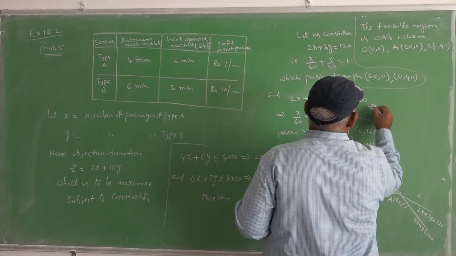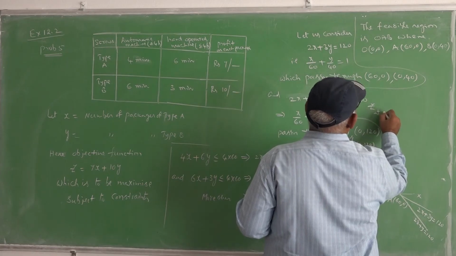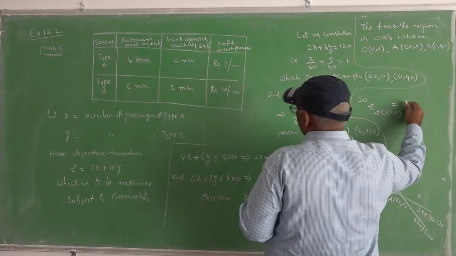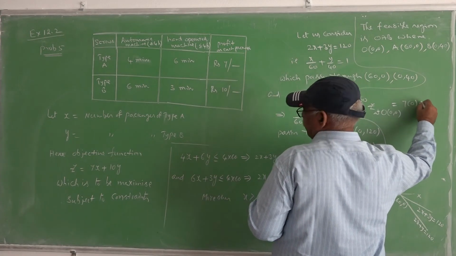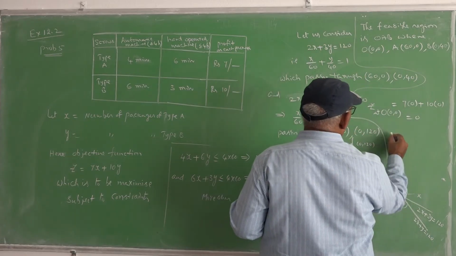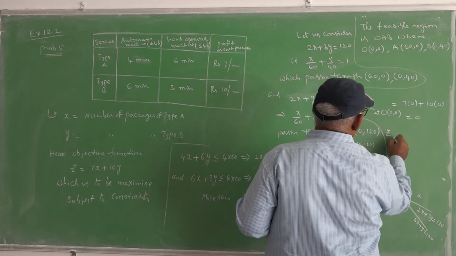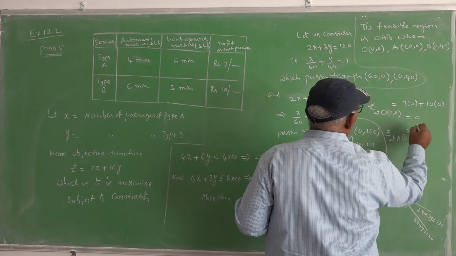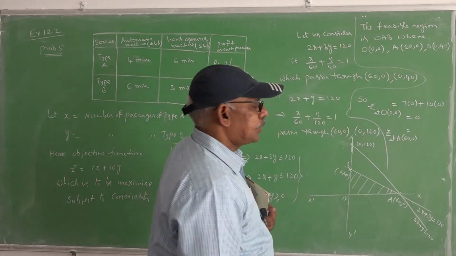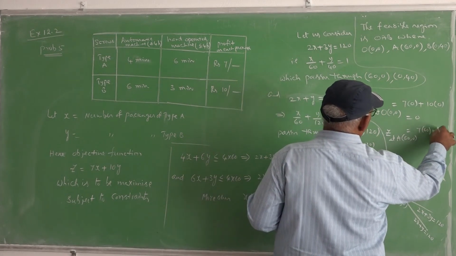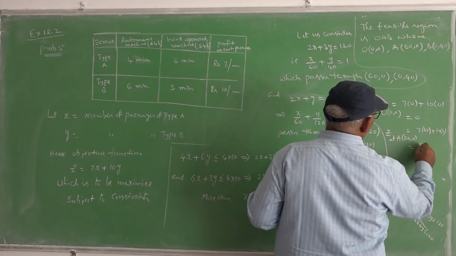The objective function value at O, 0, 0 is 7 into 0 plus 10 into 0, that is equal to 0. Z at A, 60, 0 is 7 into 60 plus 10 into 0, that is 420.